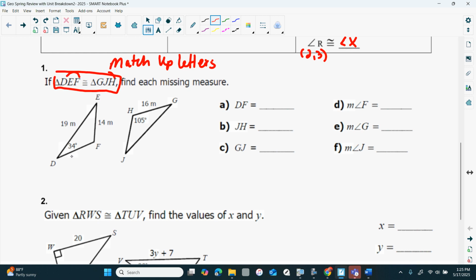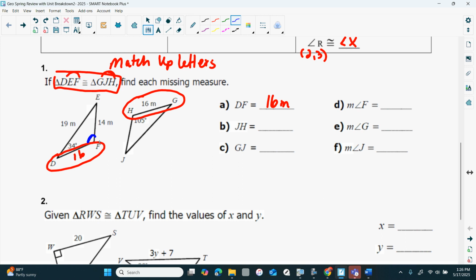DF is missing here, but I can figure out its measurement because I know it matches up with GH, and GH is over here. GH has a 16 on it, which means DF would also be 16 meters, because they're asking for the missing measure here. Okay. As for an angle, all right, this is talking about angle F.